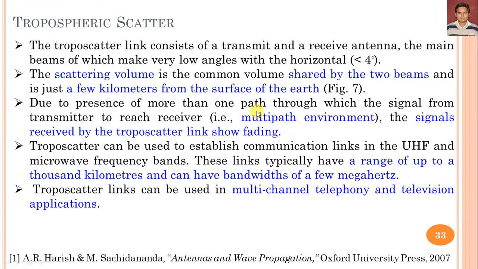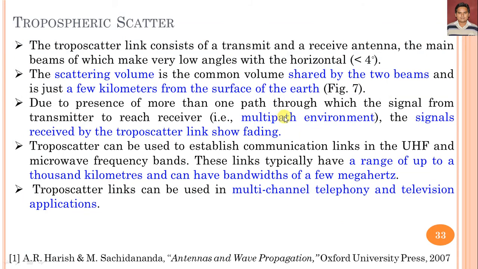Due to the presence of more than one path through which the signal from the transmitter can reach the receiver, a multipath environment exists between transmitter and receiver. In that case, the signal traveling from the transmitter will reach the receiver with different time delays, and fading occurs.